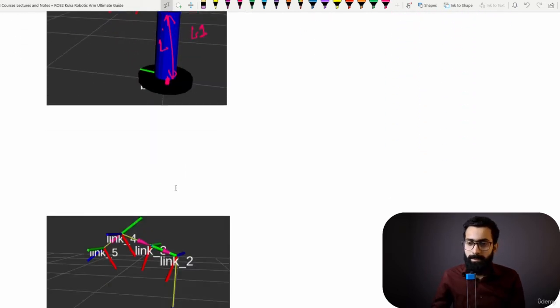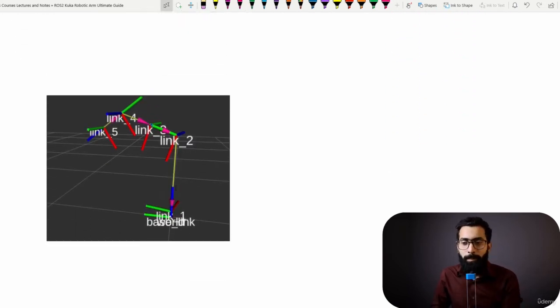Coming to the last thing, parent and child in links and joints. These are going to create a structure for the robot to make the simulation understand what a robot looks like. We'll see in the RWAs what actually they are saying. You can see there is some sort of an arrow coming from each point to another.